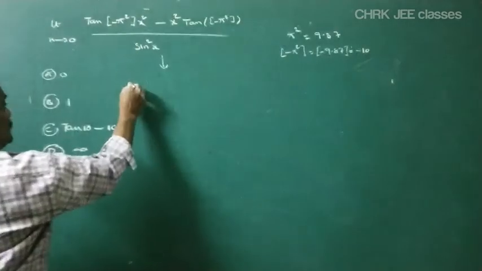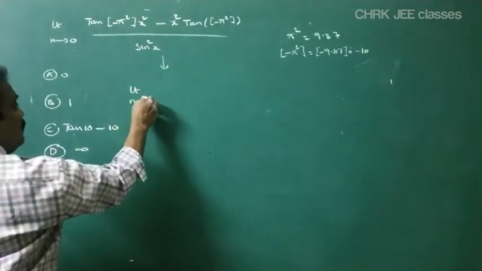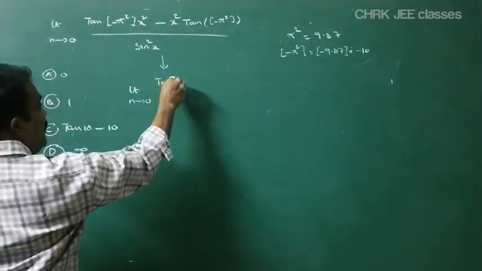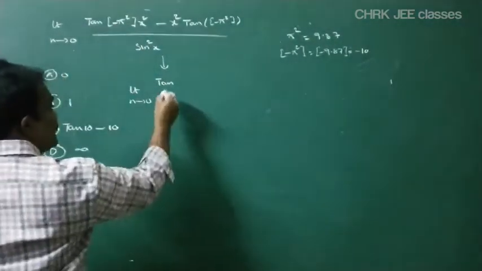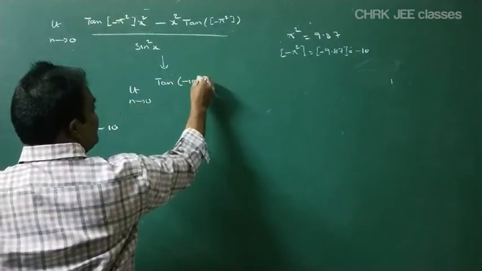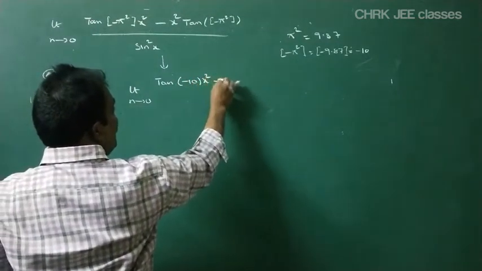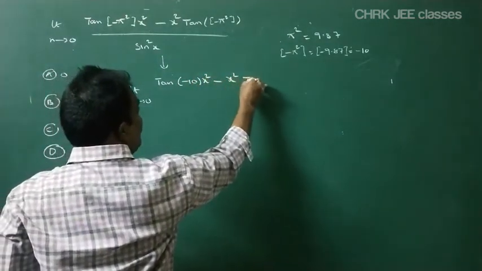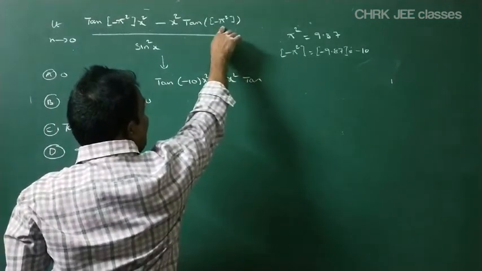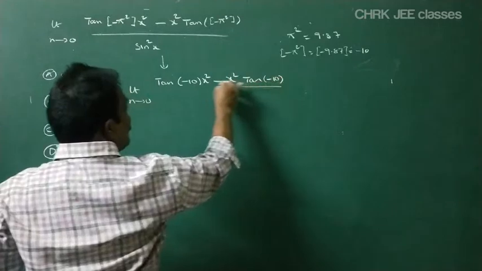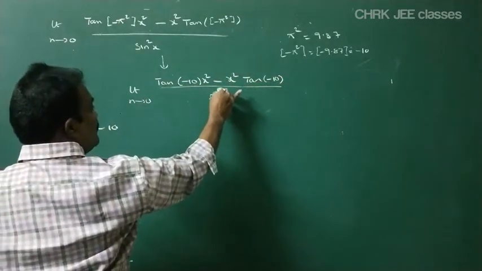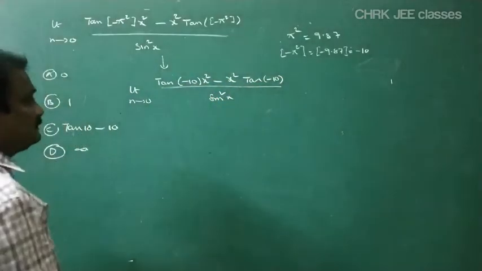So we are going to the sum. Limit x tends to 0, tan of integral part of minus pi square is minus 10, so tan of minus 10x square minus x square into tan of minus 10, by sin square x.